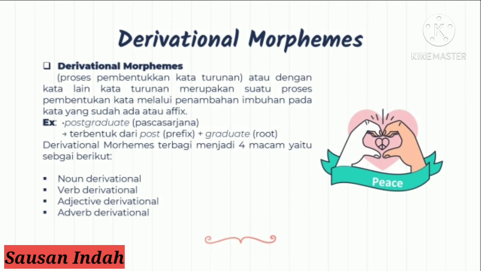Example: postgraduate, formed from post, a prefix, plus graduate, a root. Derivational morphemes are divided into four types: noun derivation, verbal derivation, adjective derivation, and adverb derivation.